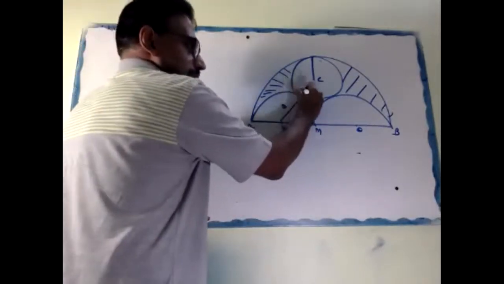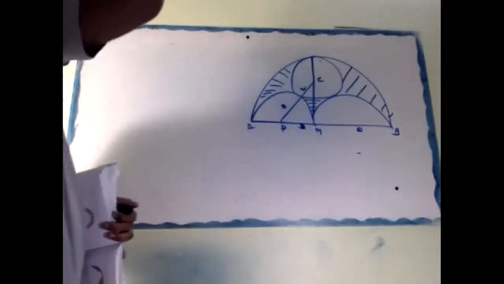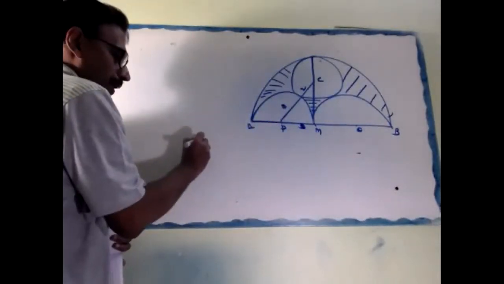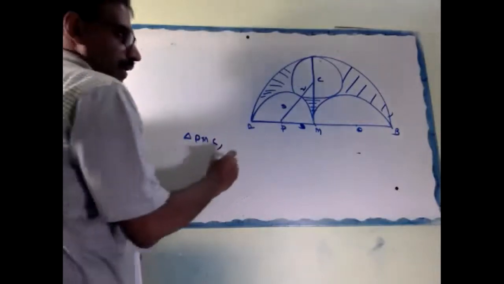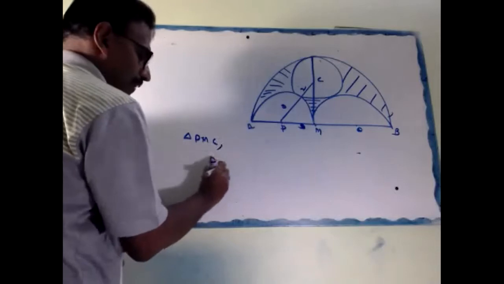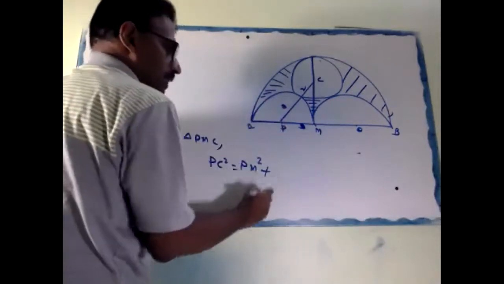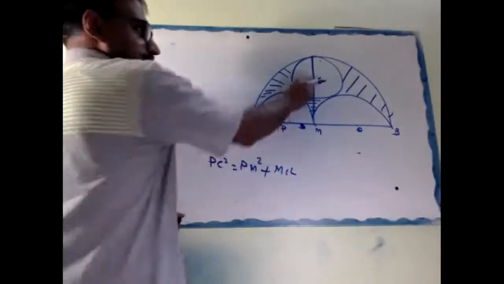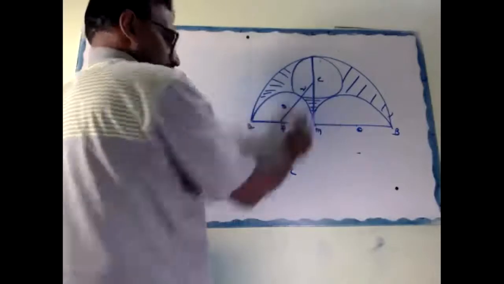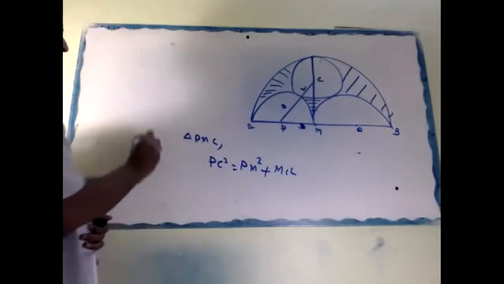This is radius R. Now in triangle PMC, PC square equals PM square plus MC square. Correct?